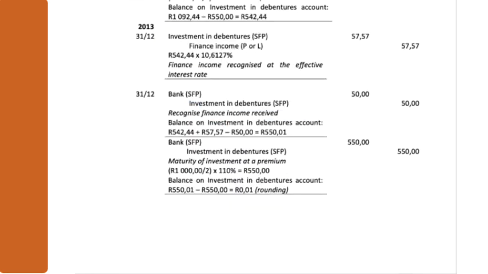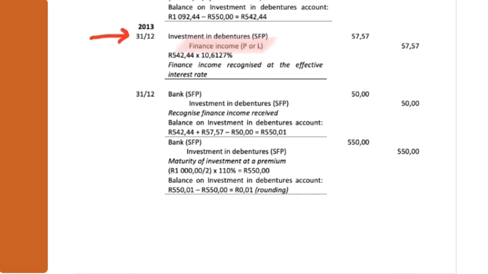What happens now in 2013? Exactly the same again. We get to the end of the year, 31 December, and we need to recognize the interest that was earned or that accrued throughout this year. So the finance income. How do we calculate that finance income?